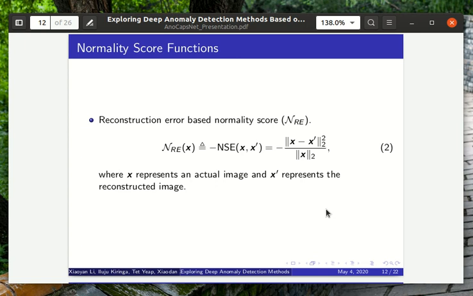For example, digit 8 has many more non-zero pixels than digit 1. Using normalized squared reconstruction error will not weaken the difference between original inputs with few non-zero pixels and their reconstructed versions.